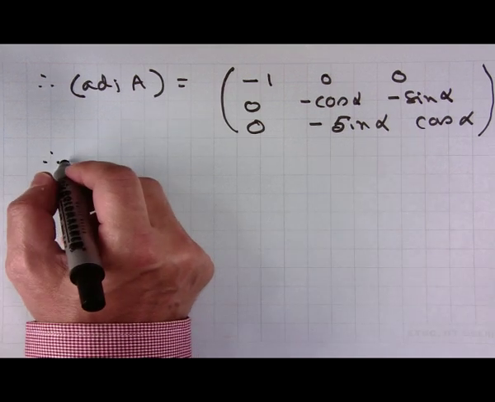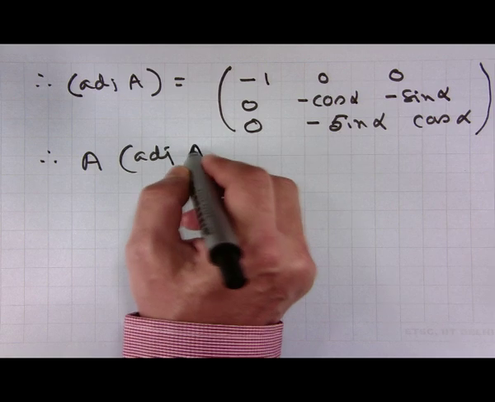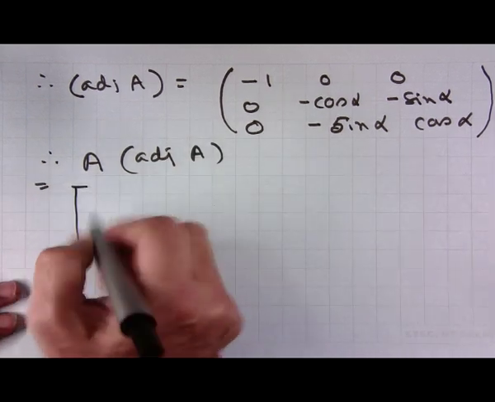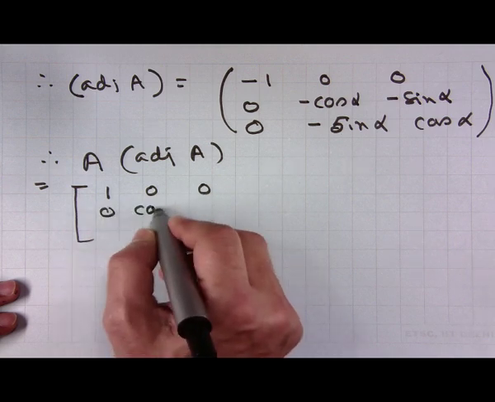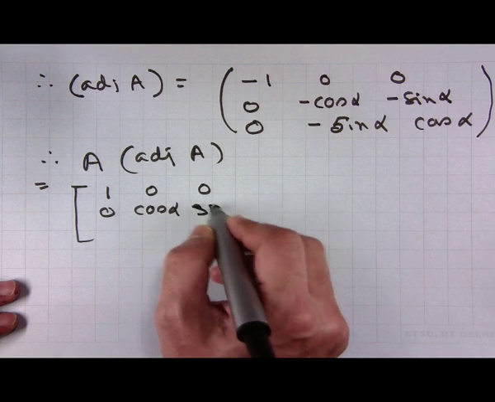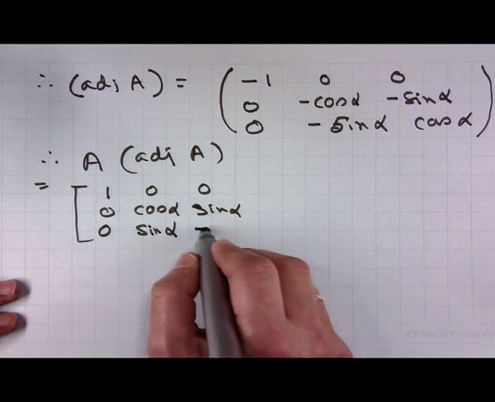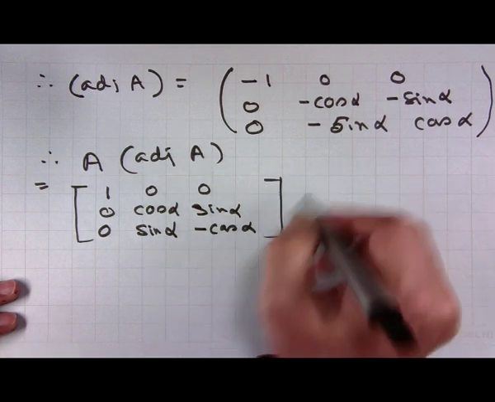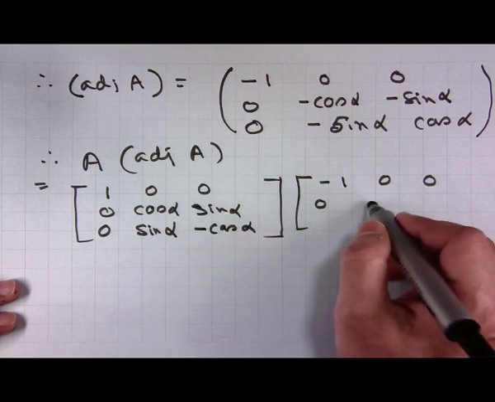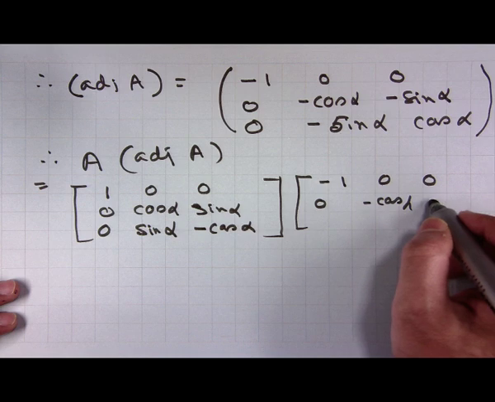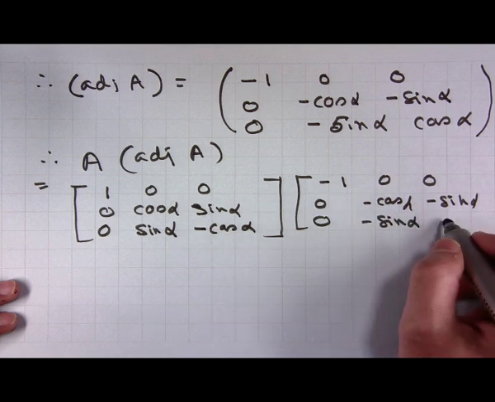Therefore, A into adjoint of A is equal to 1 0 0, 0 cos alpha sin alpha, 0 sin alpha minus cos alpha, multiplied by minus 1 0 0, 0 minus cos alpha minus sin alpha, 0 minus sin alpha cos alpha.